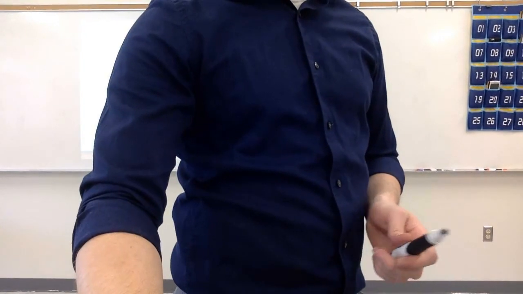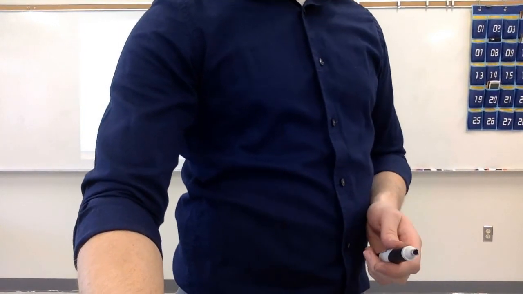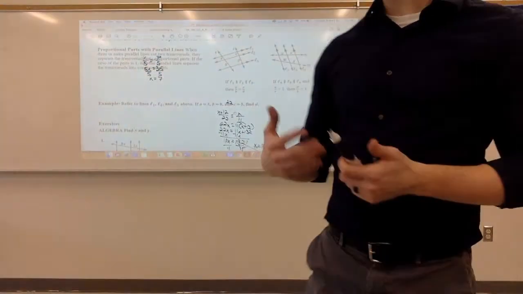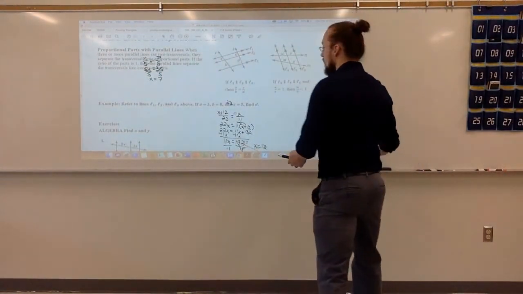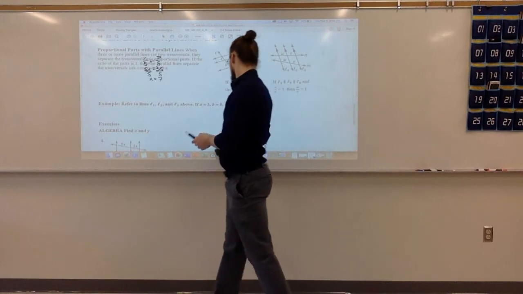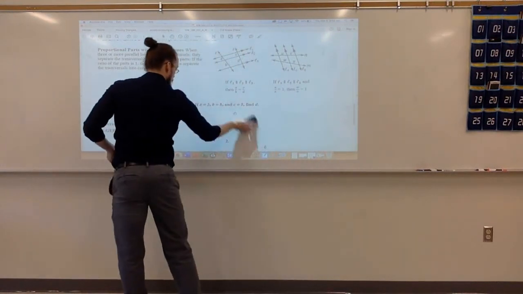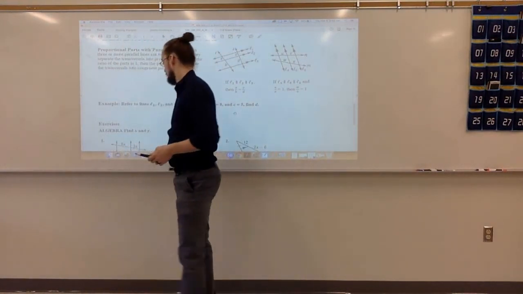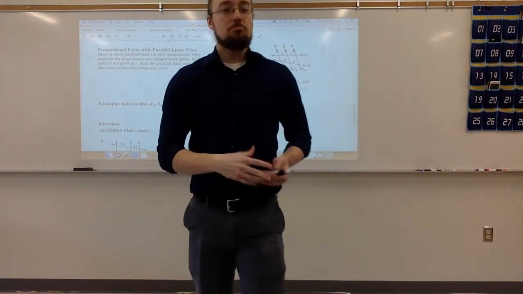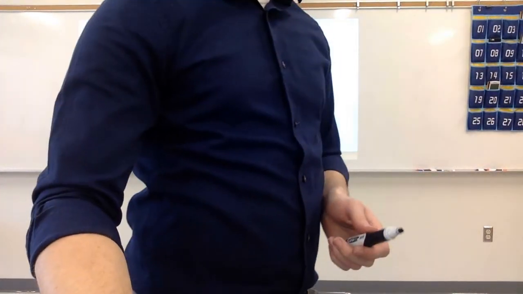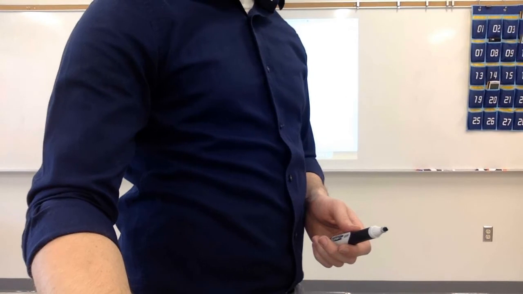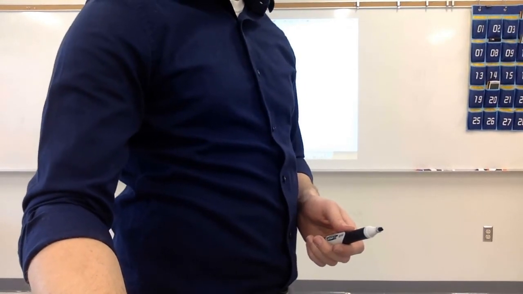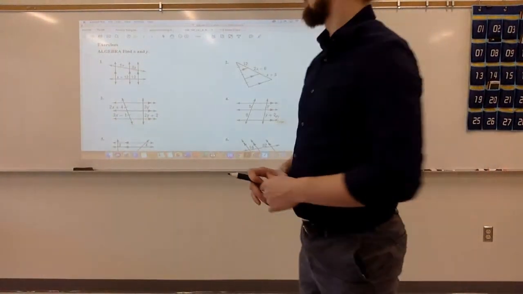Okay, the back is pretty similar, except we don't have triangles, we just have lines. So let's just go ahead and jump into an example here.